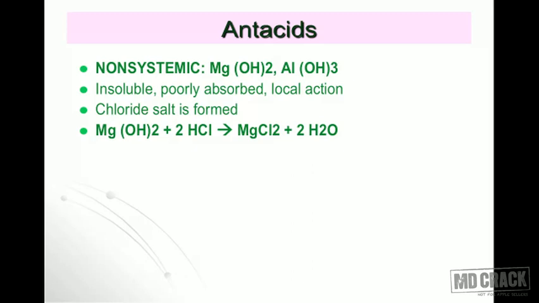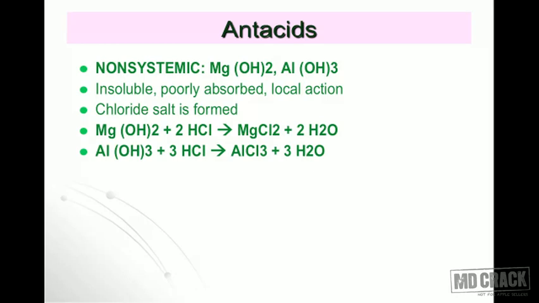So if you look at this reaction, you understand what's being formed is the chloride salt. This is what I said. And water. What about magnesium chloride? Is it going to get absorbed in the systemic circulation? No. Magnesium chloride is poorly absorbed. It's a non-absorbable substance.